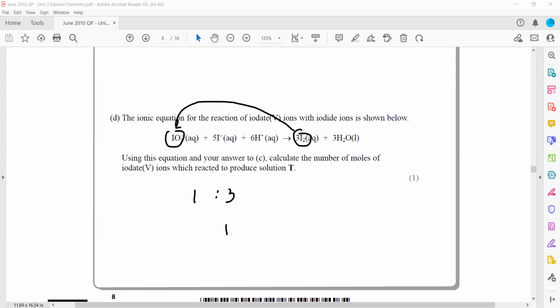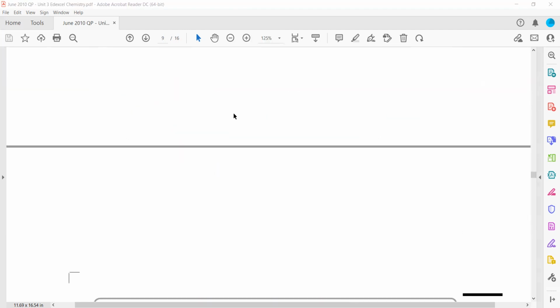Cross multiply, and we'll get the moles of iodate, which is 4.58 into 10 to the power minus 5. So you just have to use a mole ratio when equations are given.